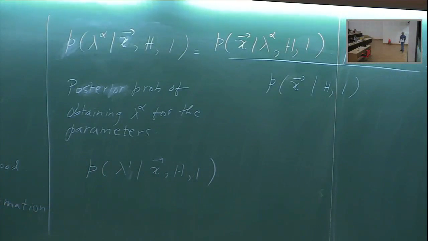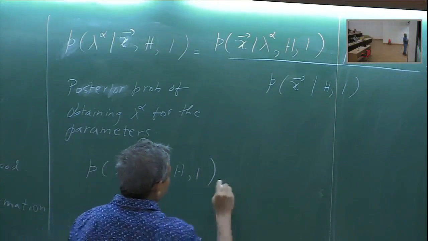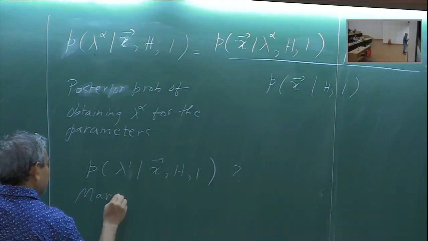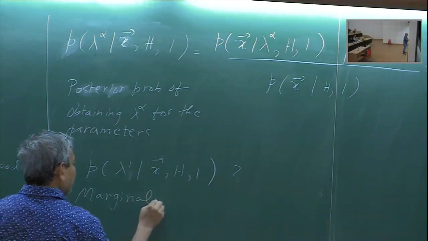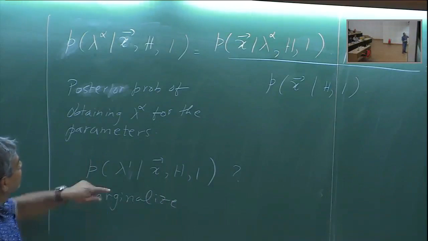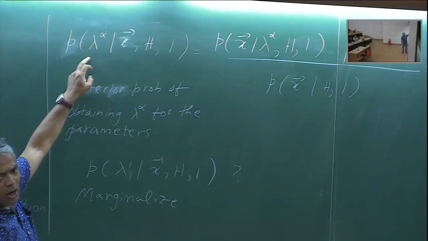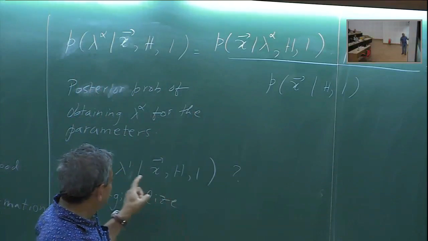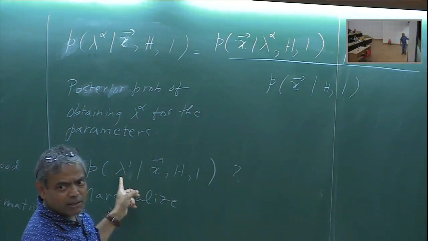What do I do? You marginalize or integrate the joint probability distribution over all parameters except the lambda 1 that you're interested in.